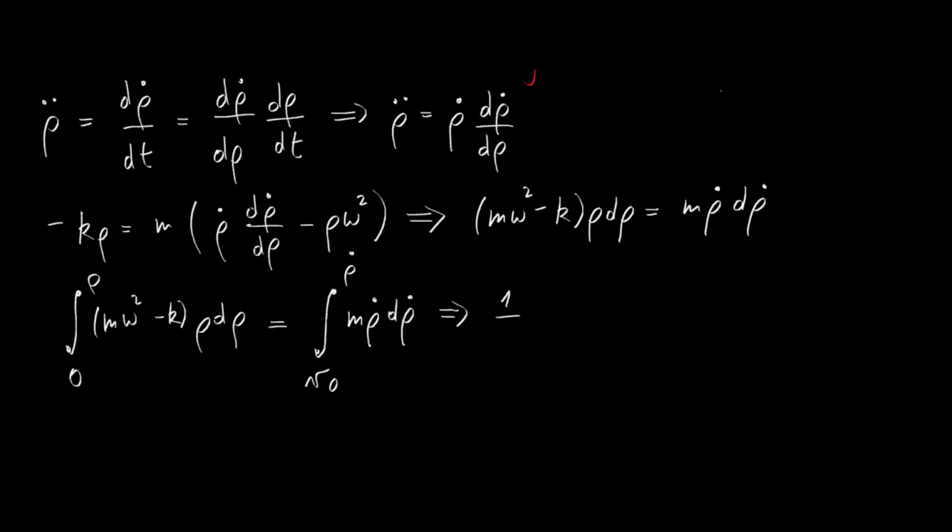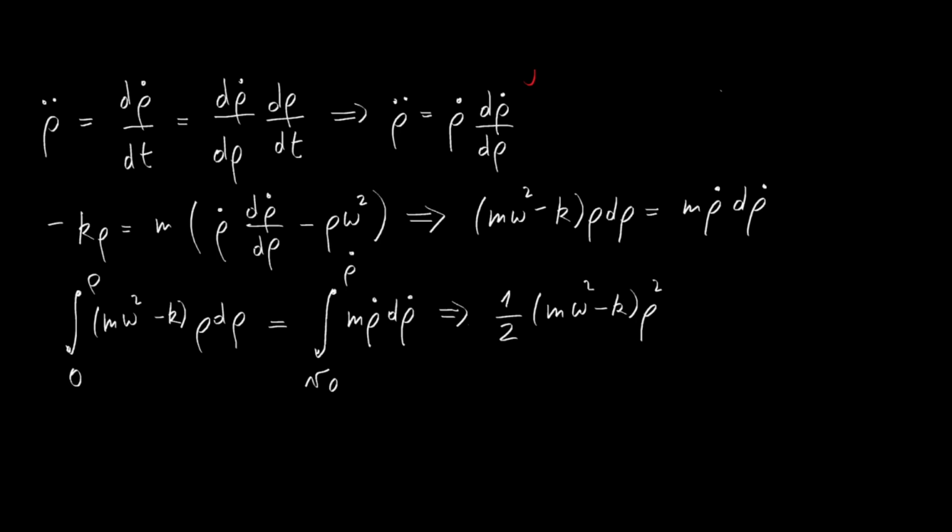Simply the result will be 1/2 times m omega square minus k, rho square. In this case, the upper limit will appear here.